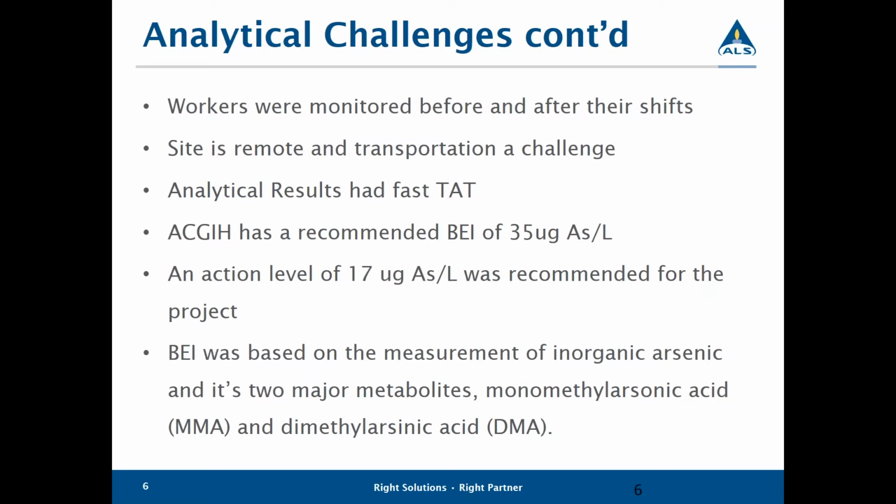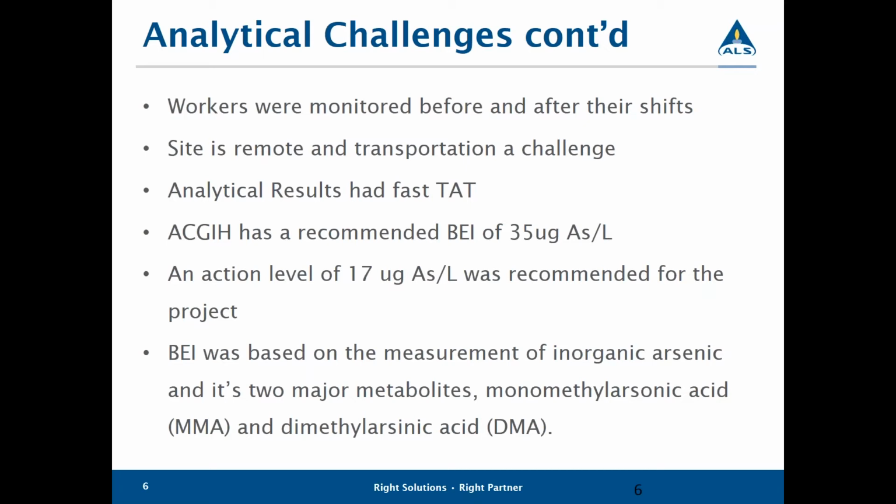But also for the project, Parsons recommended an action level of 17 micrograms of arsenic per liter. So we were making sure our choice of instrumentation not only delivered very fast results, but also could provide a sensitive detection limit of all the species, so that a total of 17 could always be identified.